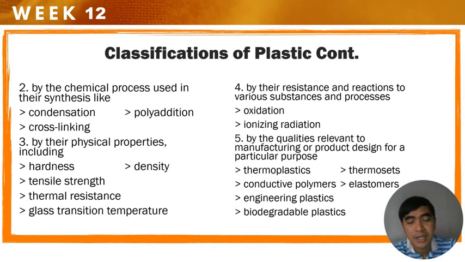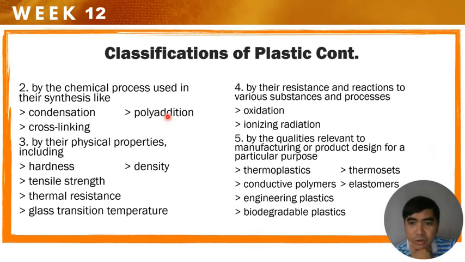There are plastic materials that can be cross-linked, and there are plastic materials that cannot. An example is when we are vulcanizing the tires of our vehicles. The rubber materials fuse together by the cross-linking chemical process. Next is polyaddition. What is polyaddition?